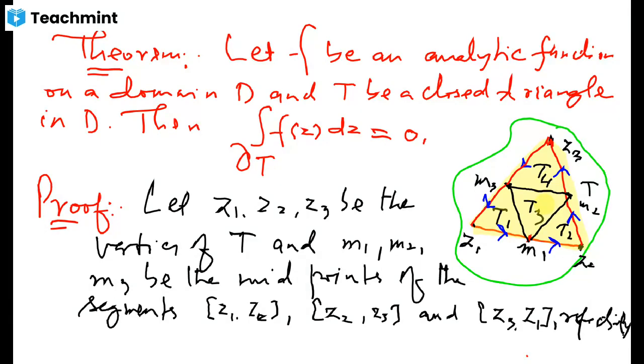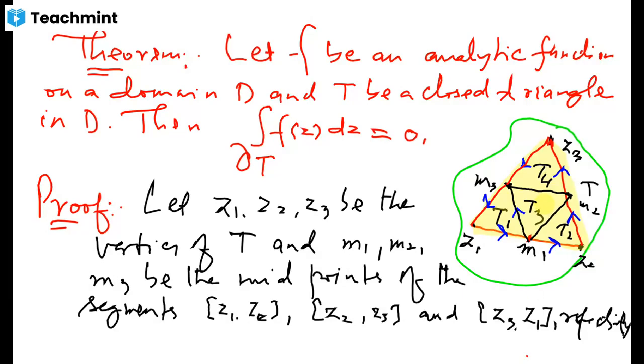Look at the boundary of the triangle T1. The boundary of the triangle T1 is half of the sides, Z1 to M3, M3 to Z1, and another is Z1 to M. But another side is also included. When we take the integral over the boundary of T1, we will have this side included also. That means this is also added in that sum.